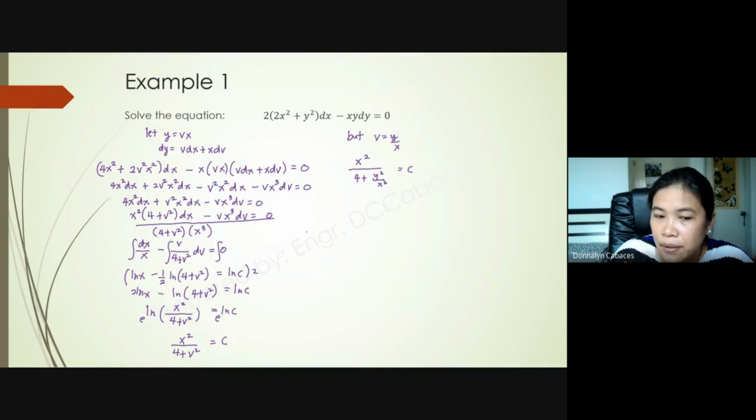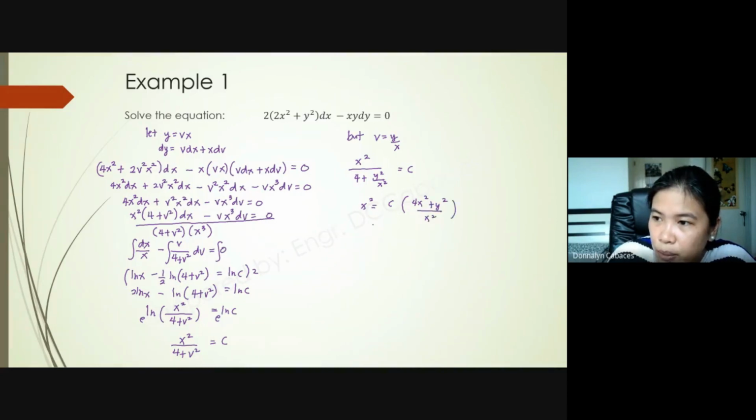And then simplifying, what will then be our result? So you have x squared is equal to c times 4x squared plus y squared over x squared.